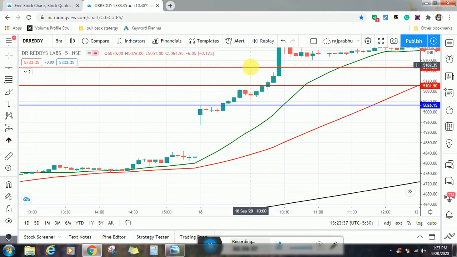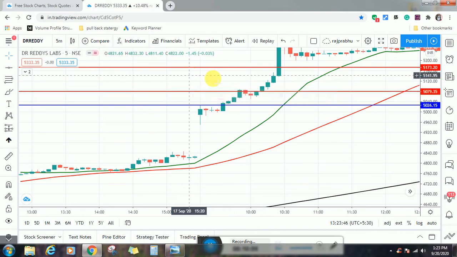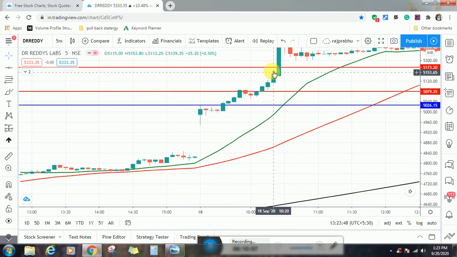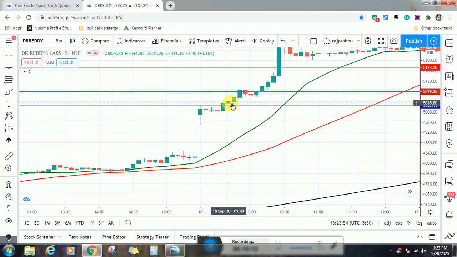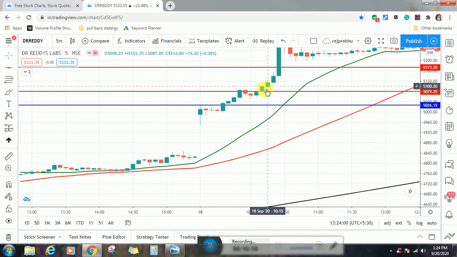Red lines are resistance R1 and R2. See this, it is the nearest resistance. Okay, it's R2, it's R1. Whenever the price breaks the high and we enter a buy entry, we consider these two levels because it's a recent CPR level, recent resistance.